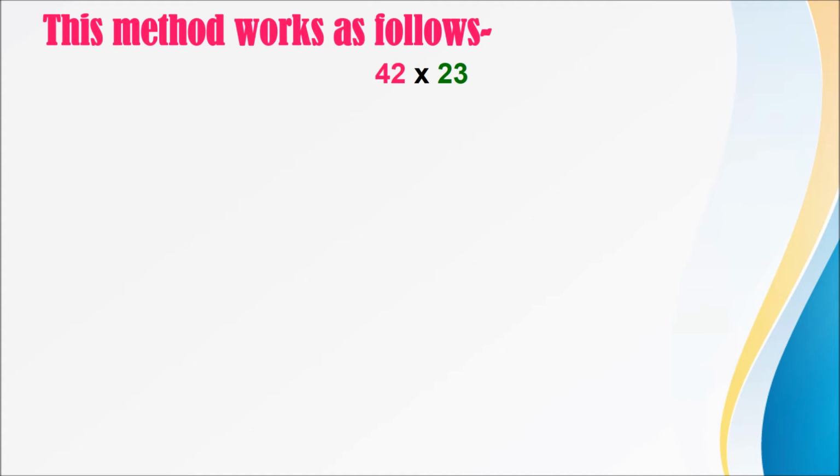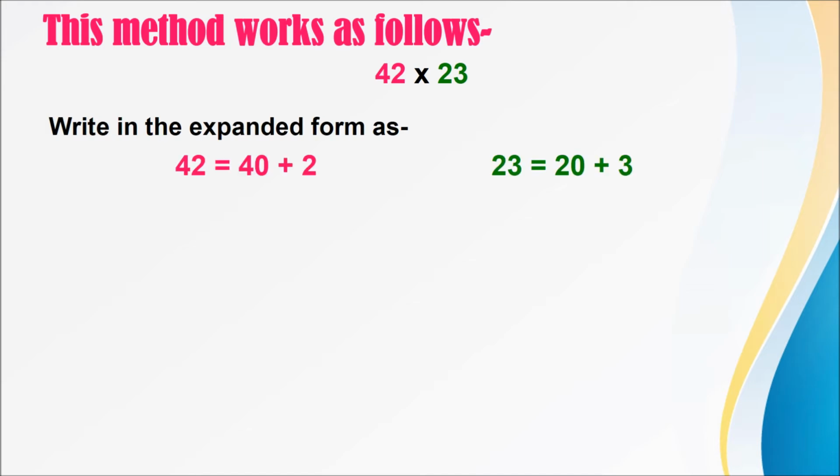To solve this problem, first write 42 and 23 in their expanded forms. So, 42 becomes 40 plus 2 and 23 becomes 20 plus 3.